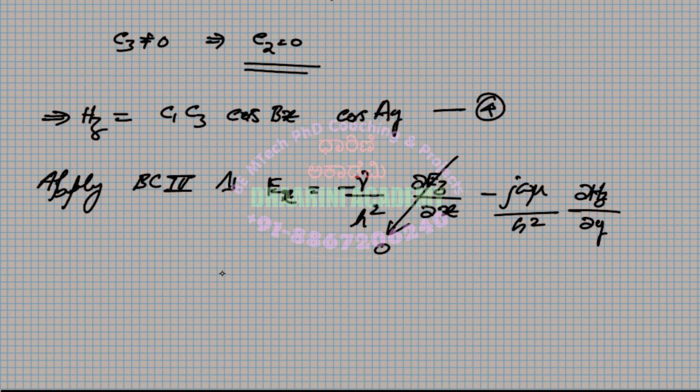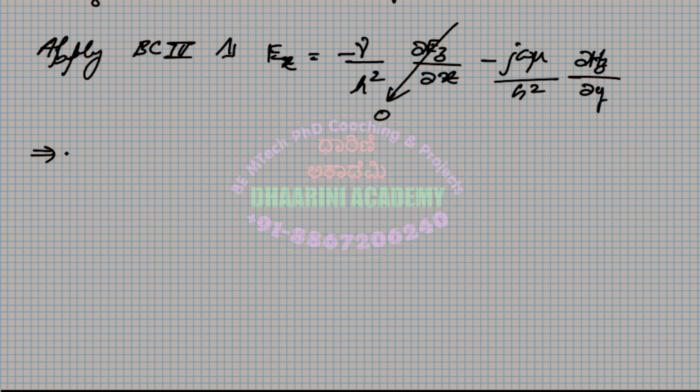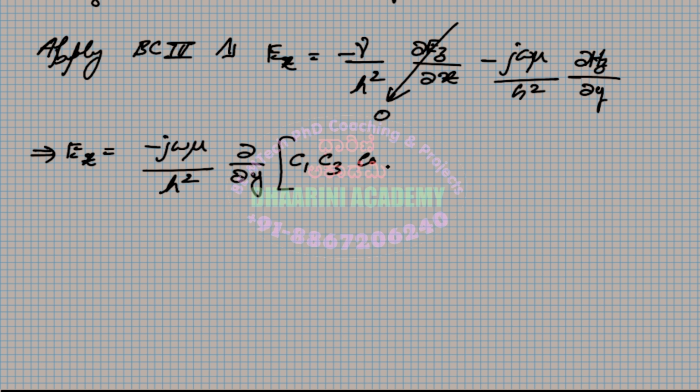Simply let us substitute the given equation. This implies Ex becomes equal to minus j omega mu divided by h square into the partial derivative dou by dou y of the hz component. The latest hz is in the following format: c1 c3 cos bx into, once again, cos ay.